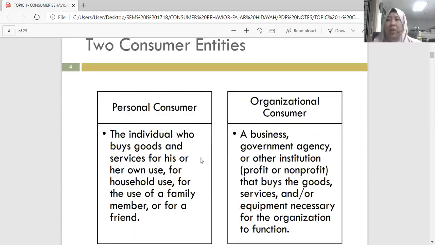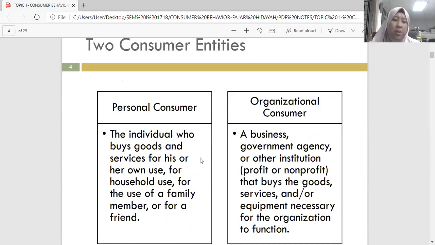The two consumer entities. Entities here are the two types of consumer from the consumer behavior perspective. Number one is the personal consumer, and number two is the organizational consumer.